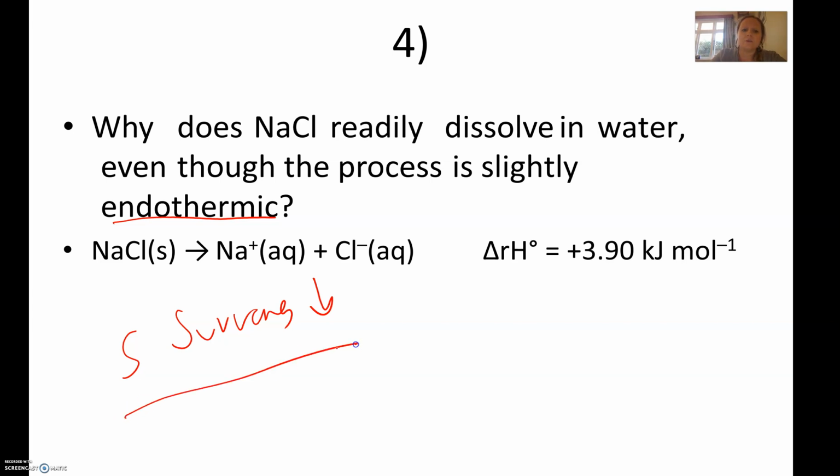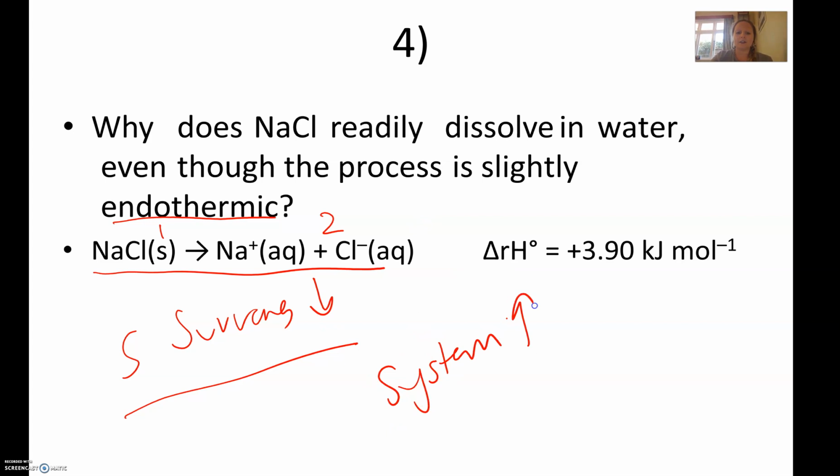So the entropy of the surroundings goes down. The entropy of the system is going up. You're going from 1 mole to 2 moles, so more particles mean there are more ways to arrange themselves. And it's also going from solid to aqueous. Aqueous particles can move around more, and therefore there's greater disorder.